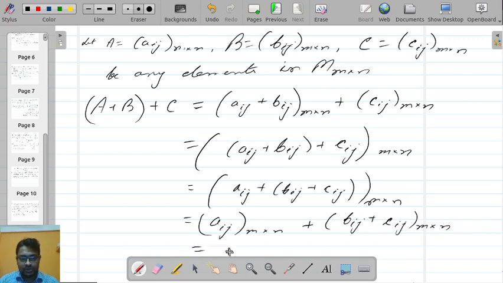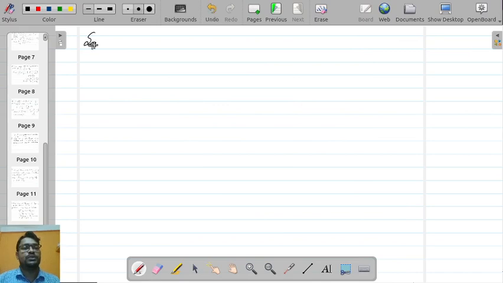This is nothing but A plus (B + C). So matrix addition is associative.